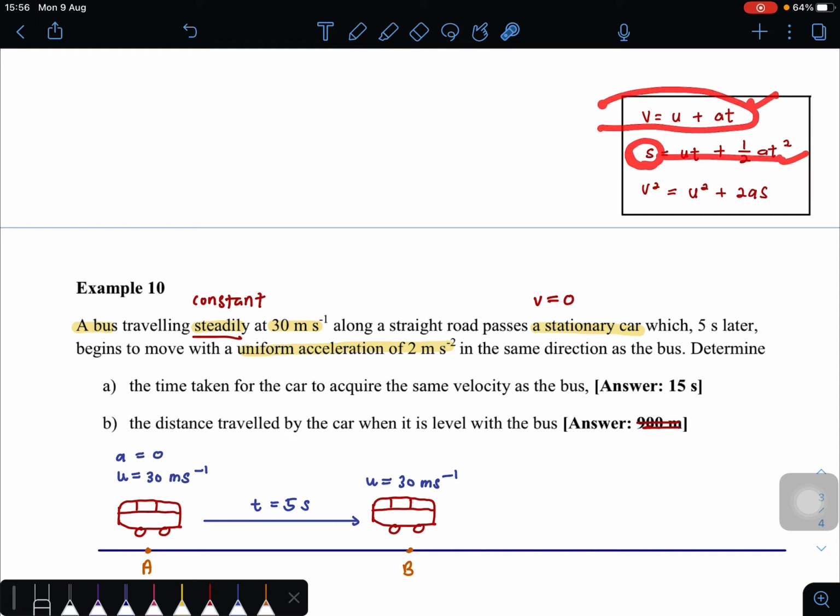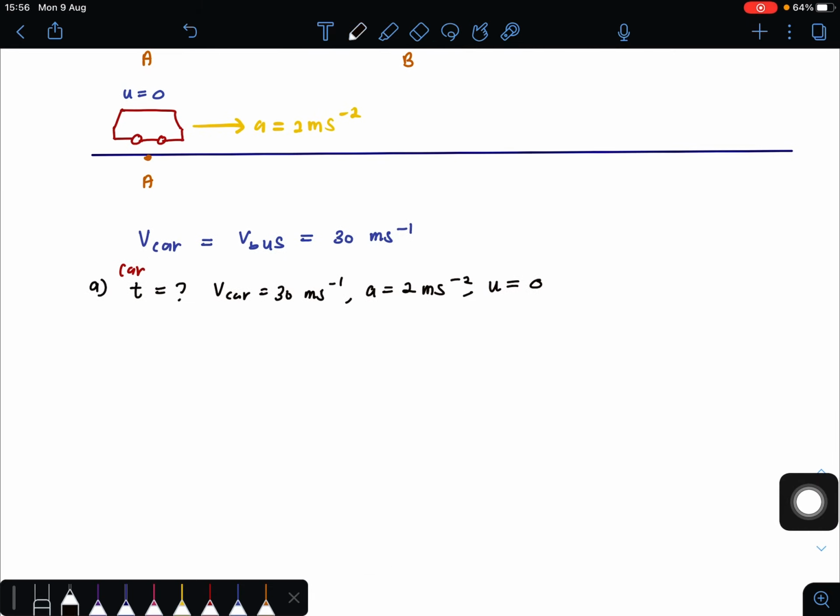So maksudnya kita akan gunakan the first equation, VUAT. Usually student akan ingat macam tu lah, VUAT. Okay, v = u + at. Since kita ada semua information, v ada, u ada, a pun ada, we can find the T.